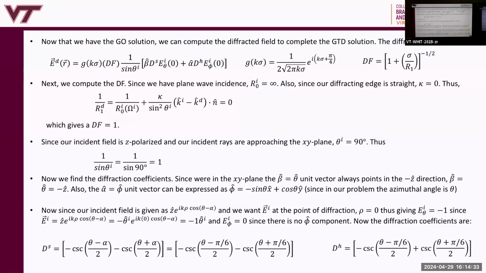So this is the formula to calculate the diffracted radii of curvature. It says that's equal to 1 over the radius of curvature at omega I, which is the plane containing the tangent and sigma incident, right? So we know that's infinity because it's a plane wave. The second term has the curvature of the edge, the angle theta I or beta I, which is the angle between the edge tangent. So let's go back here.